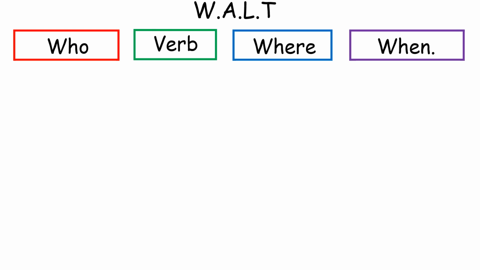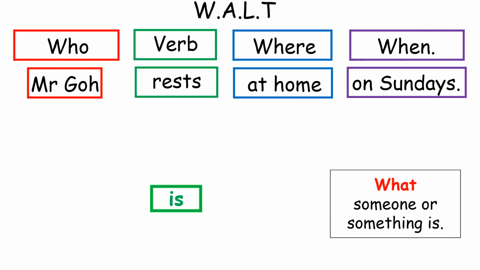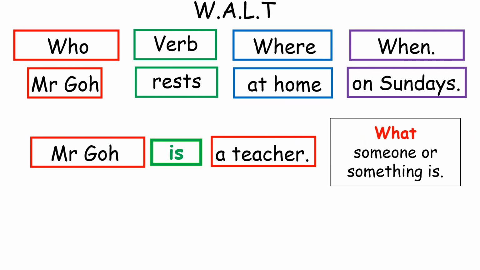So what have we learned today? We have learned that who is a subject, and where and when can be used to make the sentences longer. So Mr. Goh rests at home on Sundays. We can also use linking verbs like is, which tells you what someone or something is. For example, Mr. Goh is a teacher. We can also say Mr. Goh is a fireman.